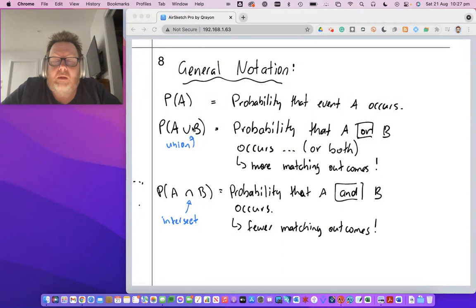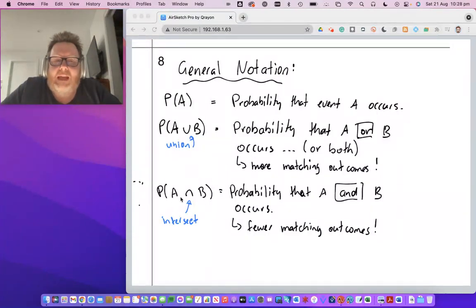So 2 would be one of them, 4 would be even, 5 is prime, 6 is even. So all of those would be a match. And 3 as well, I should have mentioned. I forgot that one. So as long as it matches one of them. Normally combining two events like A or B increases the number of outcomes, is probably the best way to think about it.